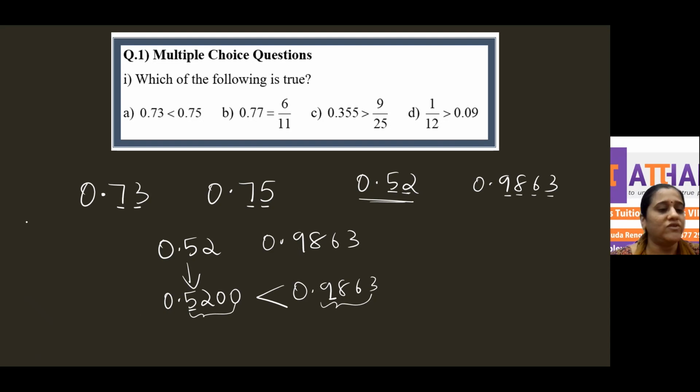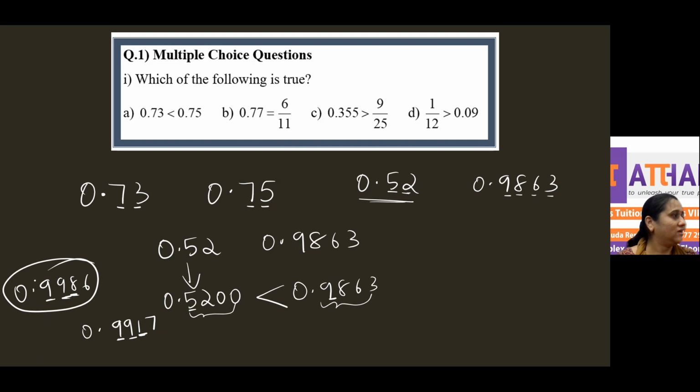Supposing the first digits are the same, for example 0.9986 and 0.9917, they are like decimals. Compare 9, again 9, then 8 and 1. Which is big? This one is big, correct? So register this: to compare two decimals, they have to be like decimals. If they are not like decimals, use zeros and make them like decimals.